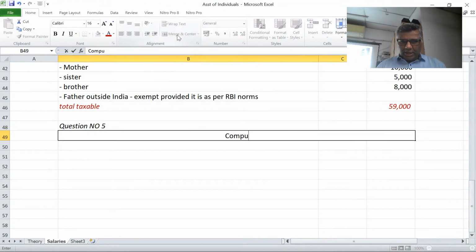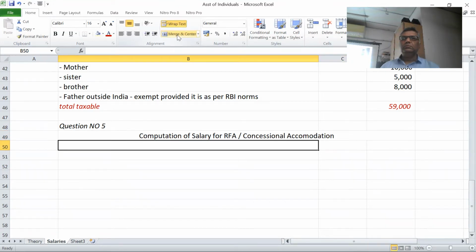First, computation of salary for RFA or concessional accommodation. Everywhere, whenever we are computing the salary, computation of gross salary, we take full DA. But for working notes, for various other exemptions, DA forming part should only be taken. Okay.